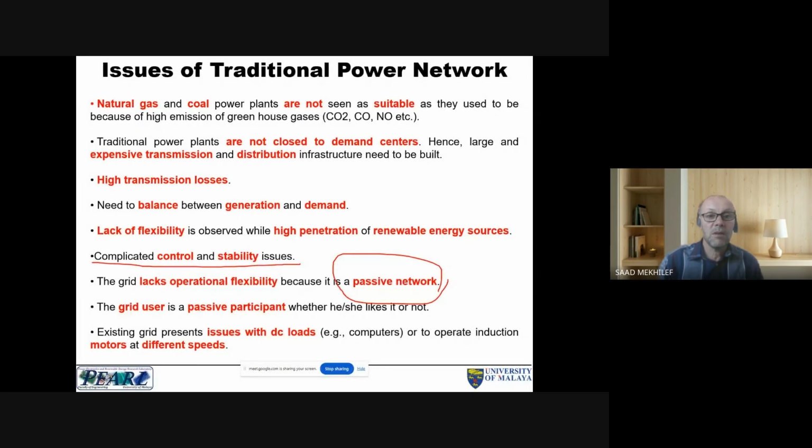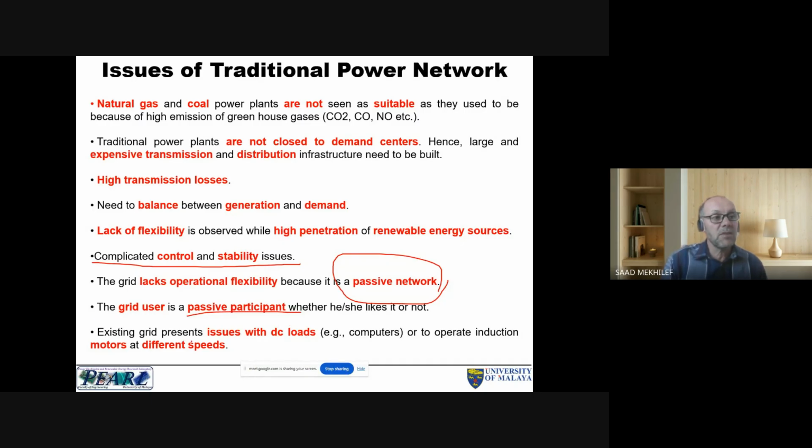What does that mean? Passive network means that as a user, you cannot generate energy, or you can only generate a limited amount of energy to the grid. You cannot inject a lot of energy. That's why most of the users are passive participants.